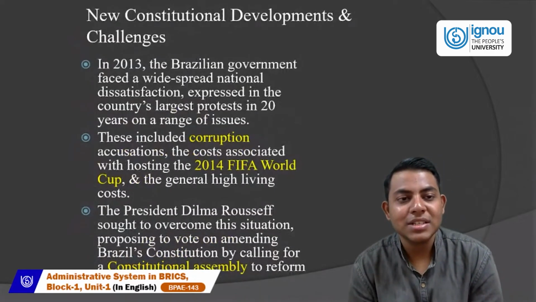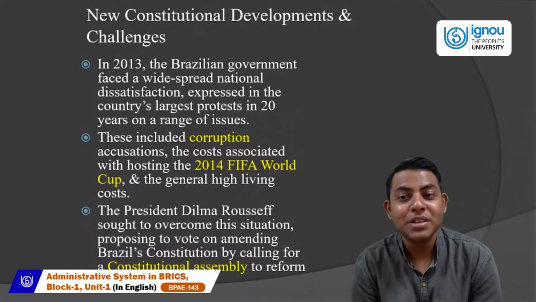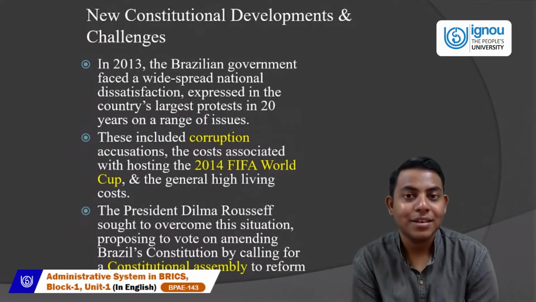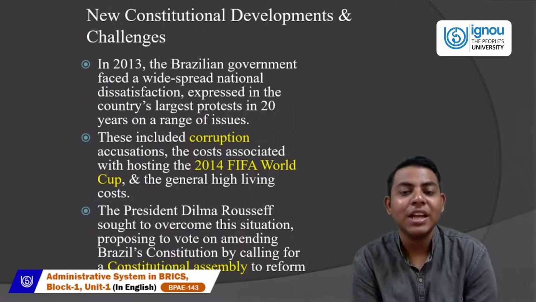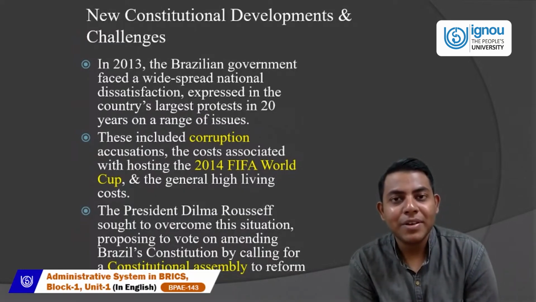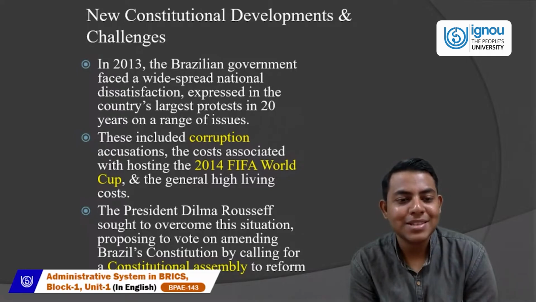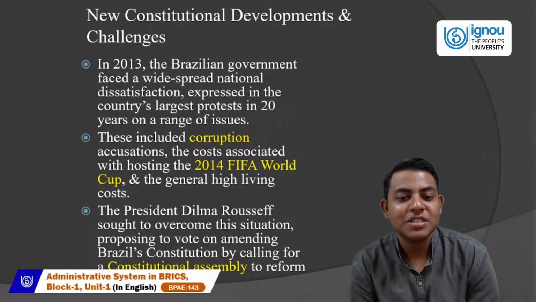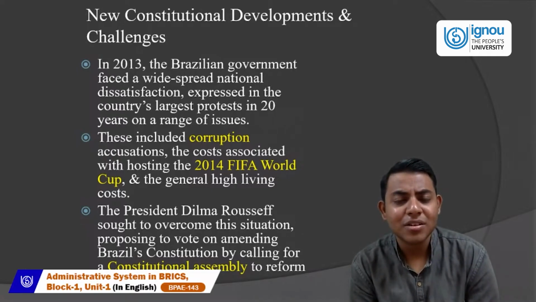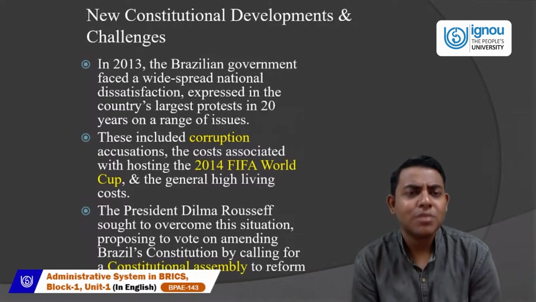Now let us discuss the new constitutional developments in Brazil and also the challenges that came up. In 2013, the Brazilian government faced widespread national dissatisfaction, which was expressed in Brazil's largest protests in 20 years on a range of issues. What were those issues?